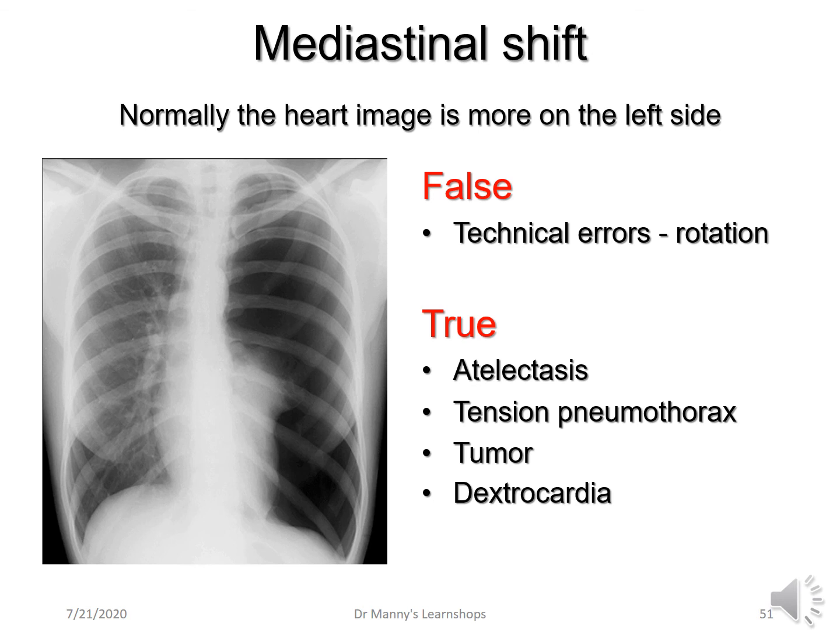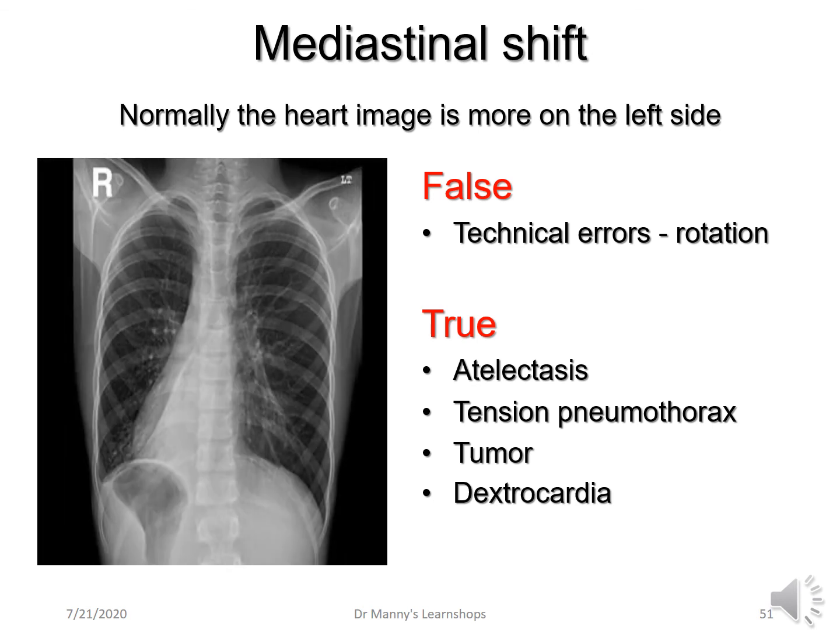However, this is an example of a tension pneumothorax, which on the left side is pushing the heart towards the right side. So true mediastinal shift may be caused by atelectasis, as we saw in the previous X-ray, tension pneumothorax, a tumour, or it may be related to dextrocardia, the heart being on the right side primarily instead of the left side.